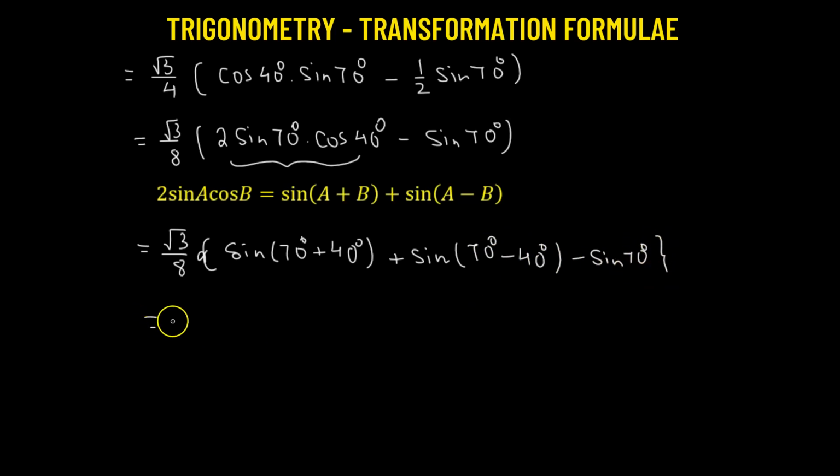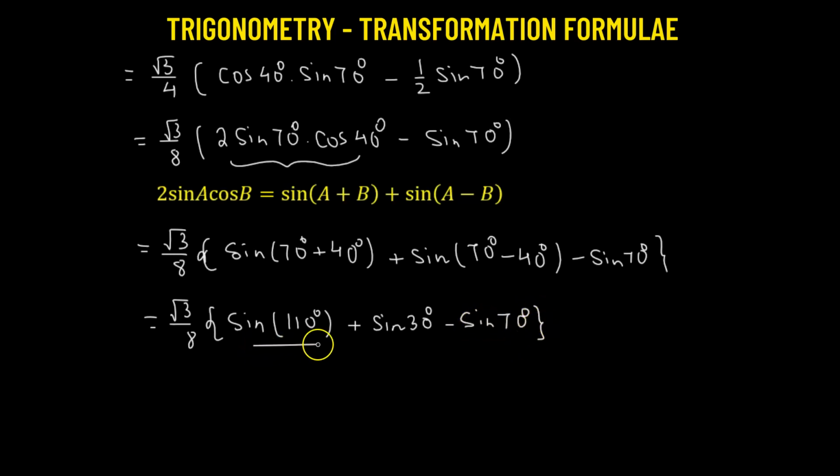Right. So this will be equal to square root of 3 over 8 times, so 70 plus 40 degrees, that's going to be sine 110 degrees, plus sine, so 70 minus 40, so that's 30 degrees, minus sine 70 degrees.